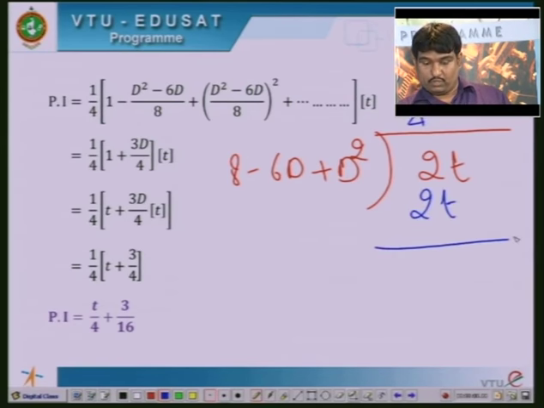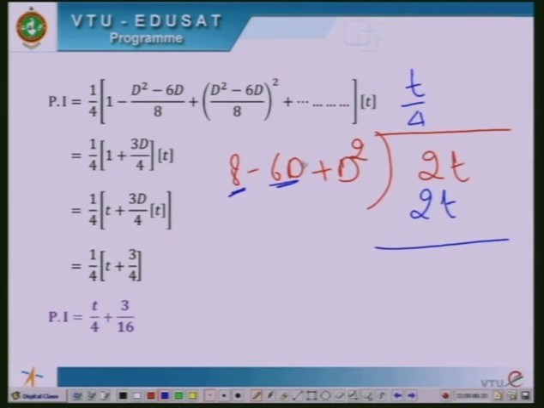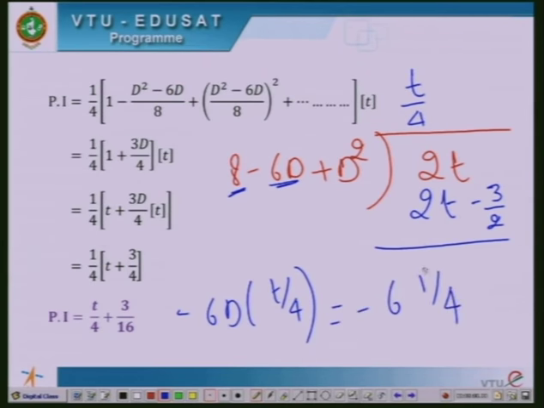Then I have operated 8 on t by 4, you have to operate minus 6d also. D stands for derivative, derivative of t by 4 is 1 by 4, 1 by 4 multiplied with minus 6 is minus 3 by 2. This part, minus 6d operated on t by 4, gives minus 6 into derivative of t by 4, which is 1 by 4, which is minus 3 by 2.